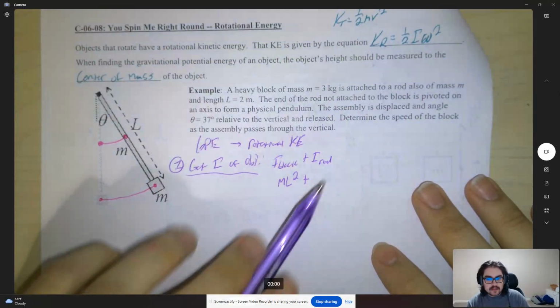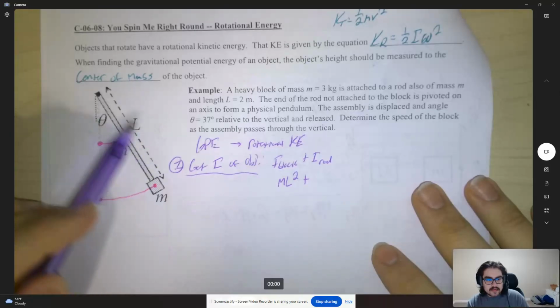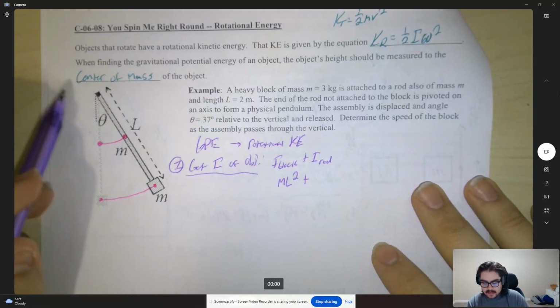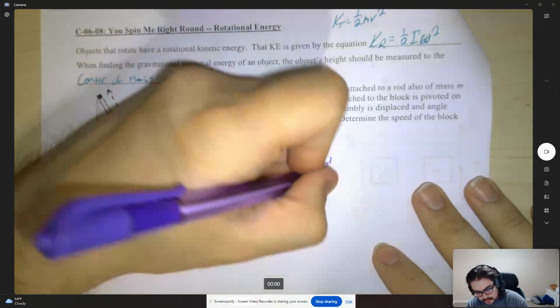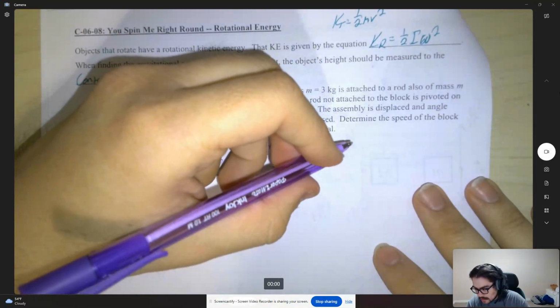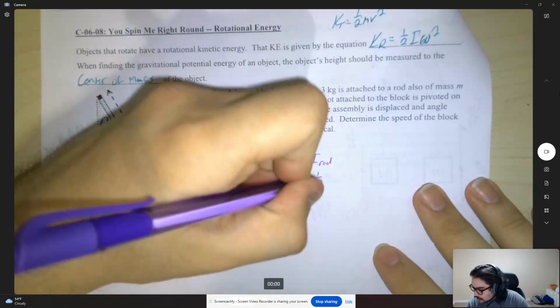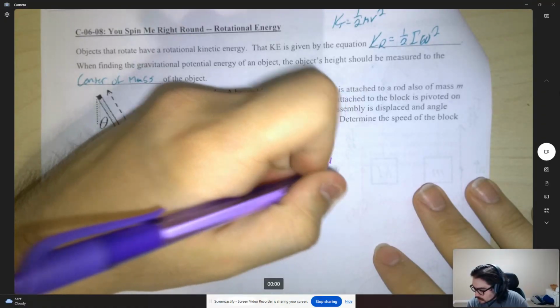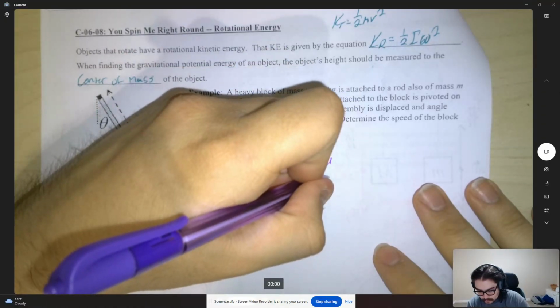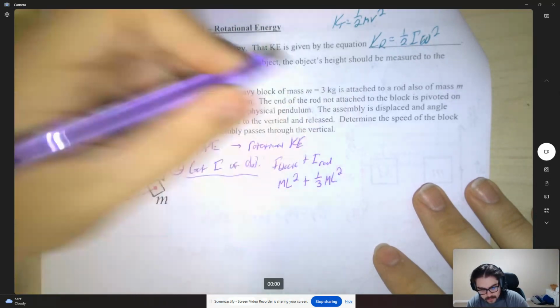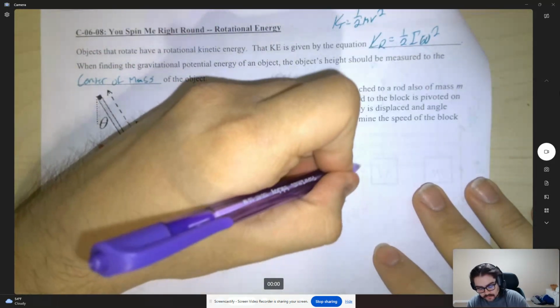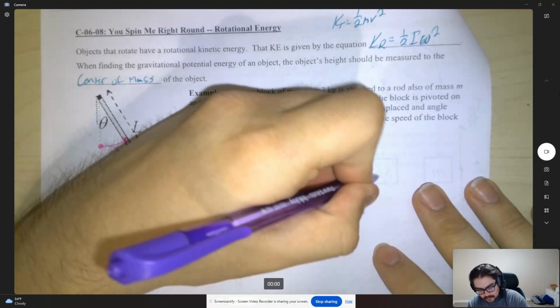The rod is a rod pivoted about one end, and its moment of inertia, which would normally be given to you, is 1/3 ml squared. When you add that together, you end up getting 4/3 ml squared.